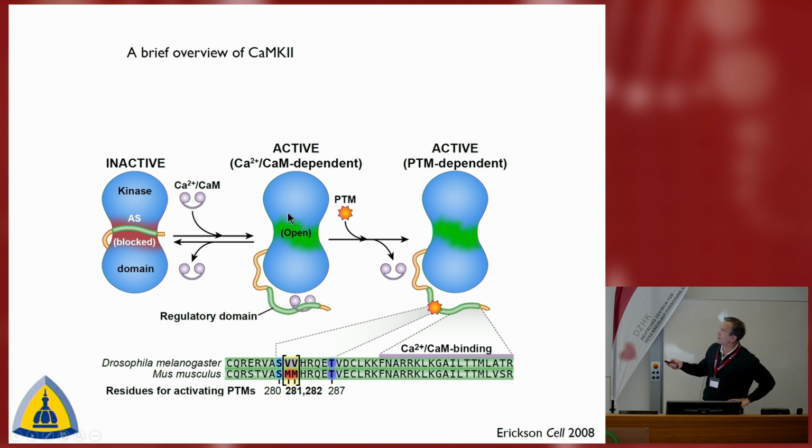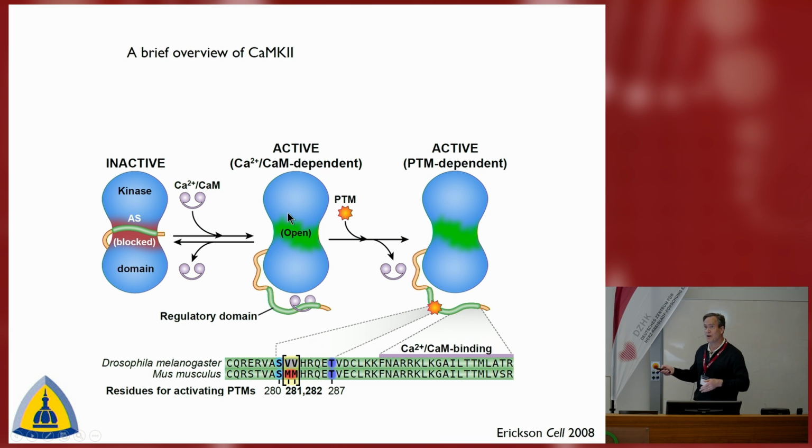When calcium rises in the cell, and in pacemaker cells it's rising rhythmically, and in heart cells it's rising with every contraction, calcium complexes with this calcium-sensing protein calmodulin, which is ubiquitous, and calcified calmodulin binds in a very specific region of the CamKII regulatory domain, causing a steric change that removes the autoinhibitory sequence from this active site, causing CamKII to be open.